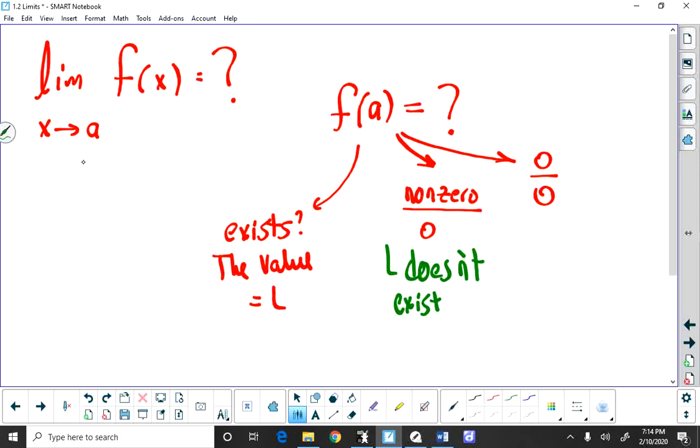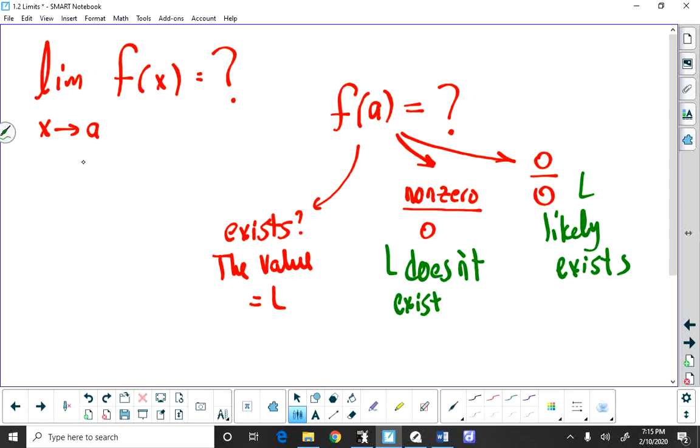If you get 0 over 0, the limit likely exists. And it's this case where you have 0 over 0 that you have to do everything in your power to try to eliminate the offending factors so that you can put the value that x is approaching into the function.